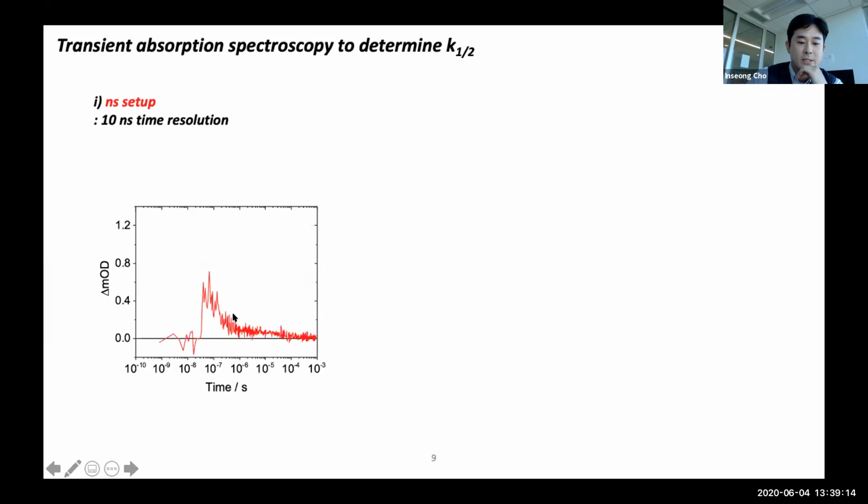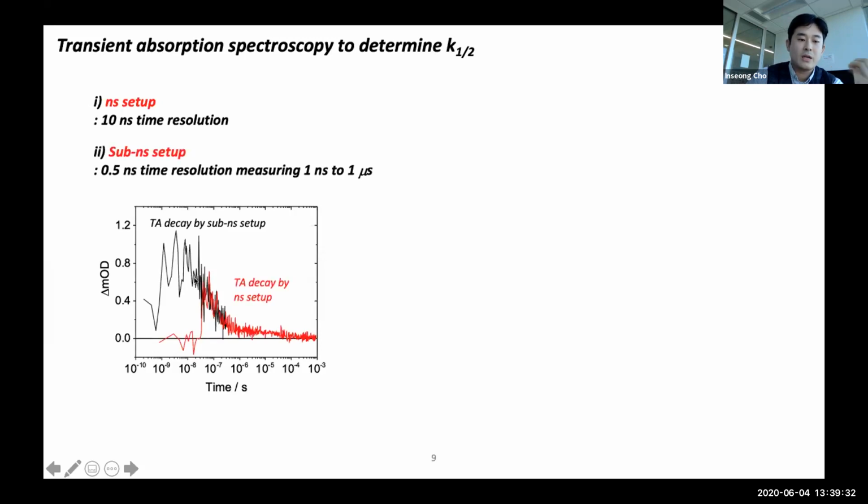However, what we found is a very steep decay with a very indistinct initial signal plateau region, which might imply that some of the transient absorption decay was missing. So we also employed another transient absorption setup, which is much faster, having 0.5 nanosecond time resolution, that allows us to measure the transient absorption decay signal from 1 nanosecond to 1 microsecond.